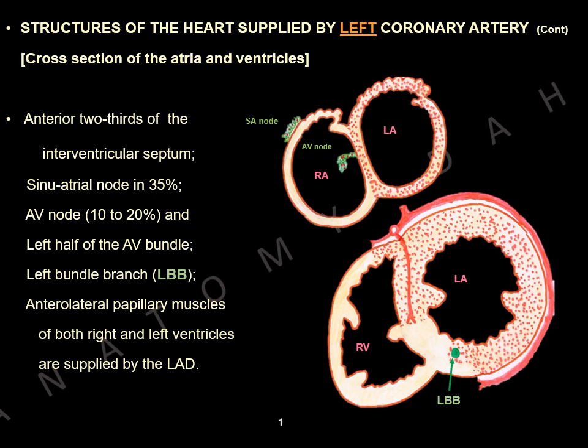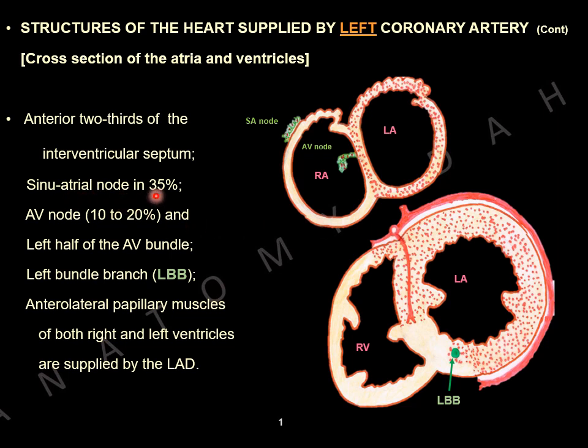Structures of the heart supplied by left coronary artery also include, in addition to what I have said earlier, the anterior two-thirds of the interventricular septum. This is interventricular septum. Anterior two-thirds of the interventricular septum is supplied by LAD, left anterior descending branch of the left coronary artery.